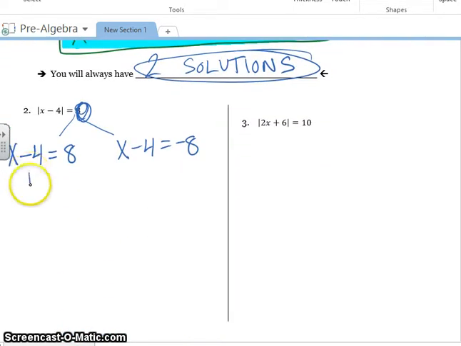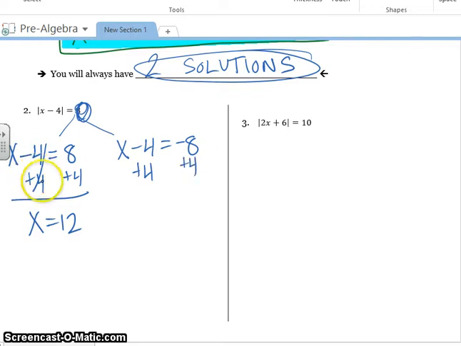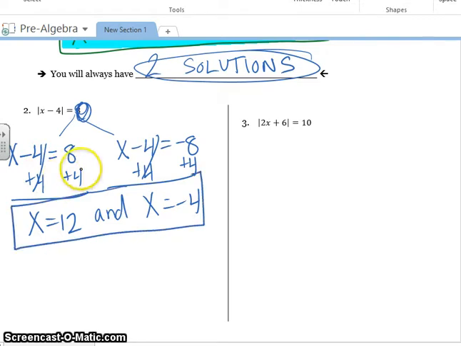We'll add 4 to both sides, so we'll get x equals 12. Next one, we'll add 4 to both sides, so we get x equals negative 4. So our solutions for number 2 are x equals 12 and x equals negative 4.